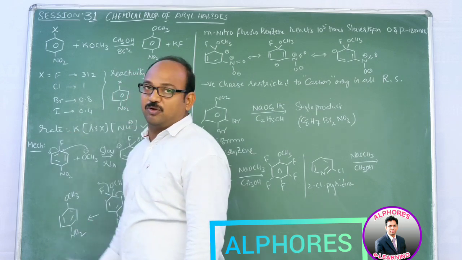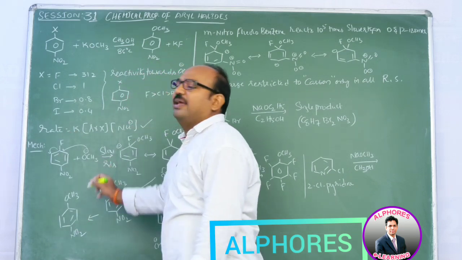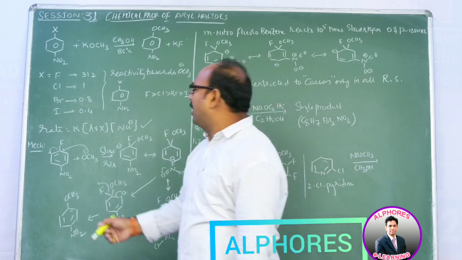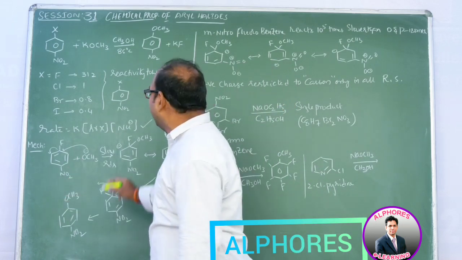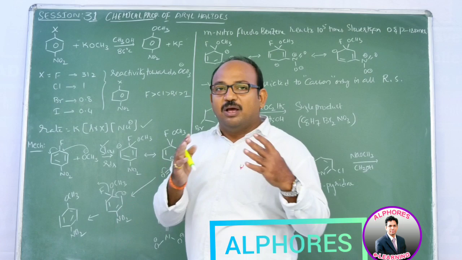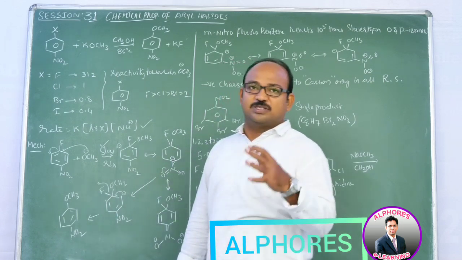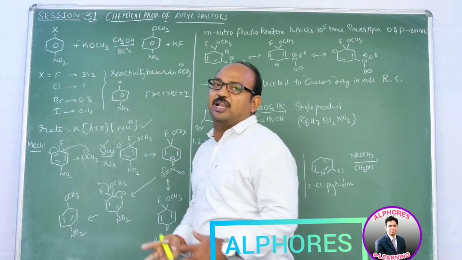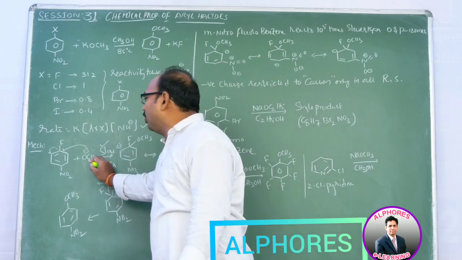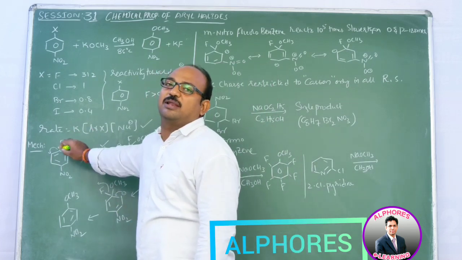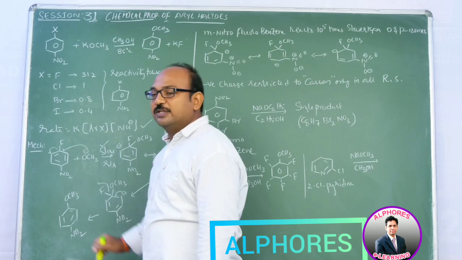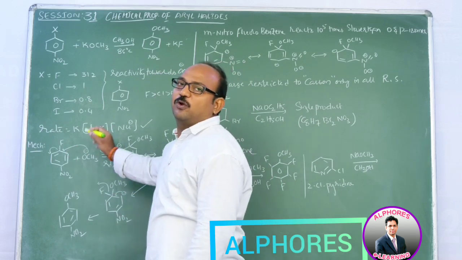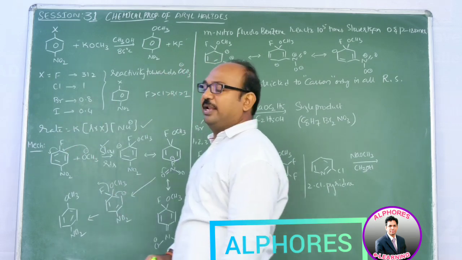It attacks the leaving group-containing carbon only. Obviously, the attack of the nucleophile upon the leaving group-containing carbon is a slow step and the rate determining step, because both nucleophile and substrate participate in this step. So the first step is the attack of the nucleophile upon the leaving group-containing carbon.